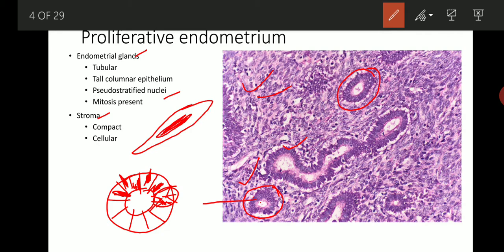They have an elongated nucleus, and the stroma is very compact. That means the cells are very tightly packed with each other. This is a feature of the proliferative endometrium. In the secretory endometrium, you will see a loose and edematous stroma. So these are the features by which you can identify the proliferative phase of the endometrium.